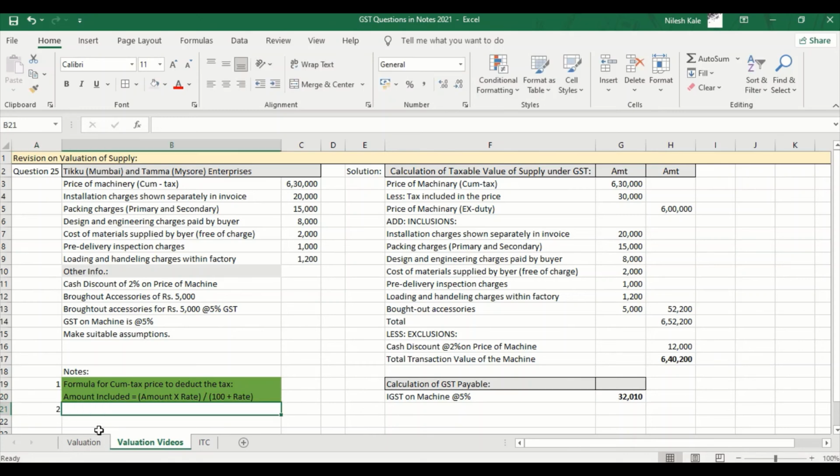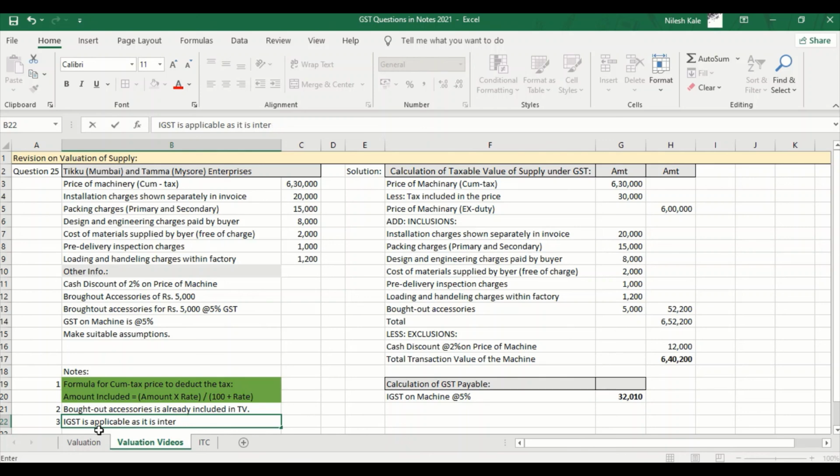Second note, note number 2, bought out. Third point, you can write IGST is applicable as it is interstate.